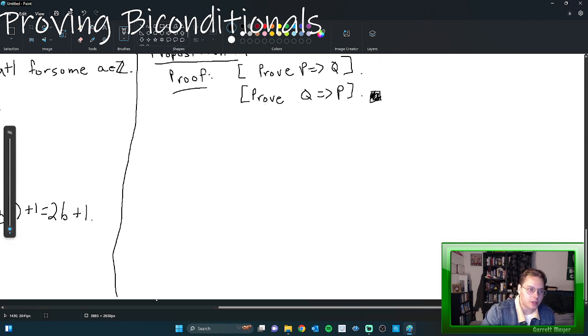Okay, so let's do an example here. So for here, let's use the proposition. Suppose n is an integer.